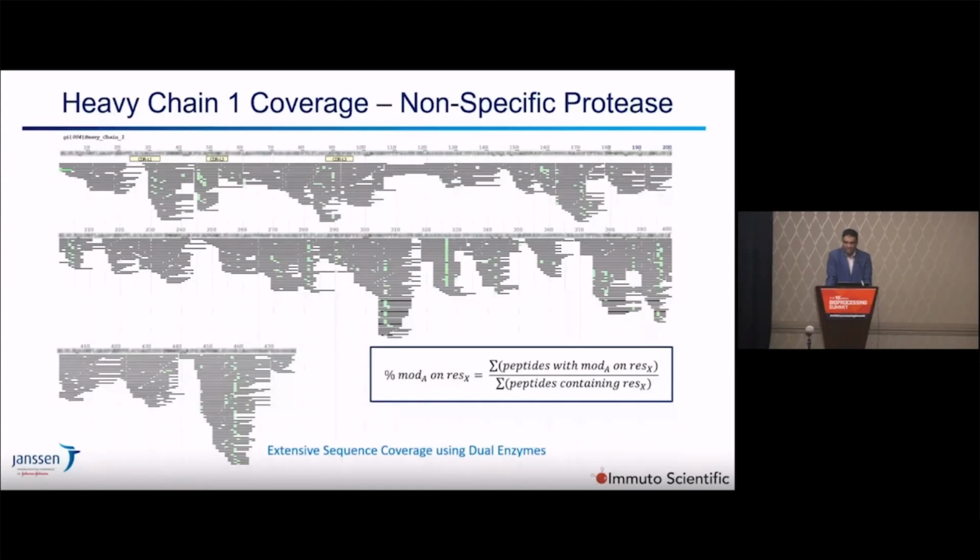But we think that using all these peptides, we can do a more comprehensive estimation of the modification levels by doing a residue level modification estimation, as shown in the equation below. So using this technology, with a combination of enzymes, we can actually do residue level analysis without even having the need for CF3 labeling.